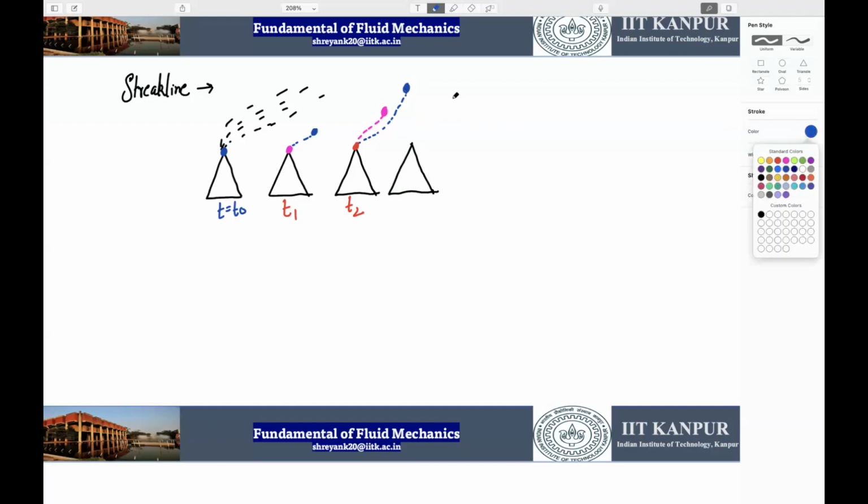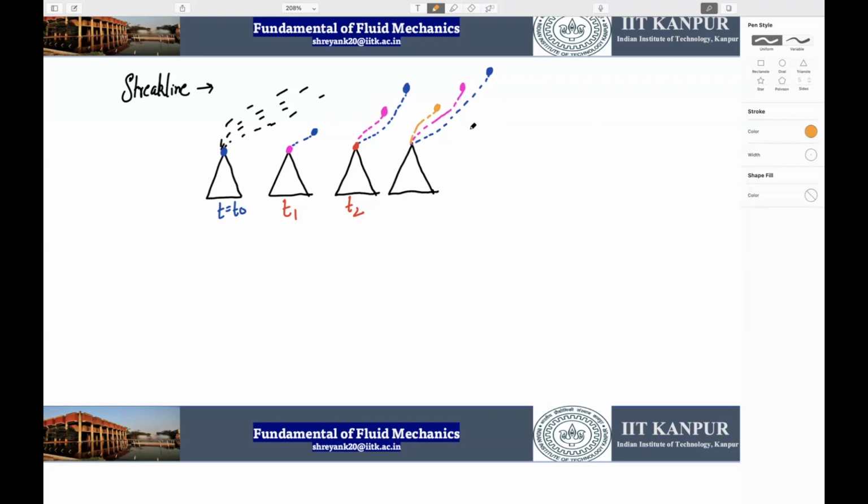So let's say this particle goes there, this particle goes there, and this particle maybe goes here, and this orange particle will follow this path line and go there.